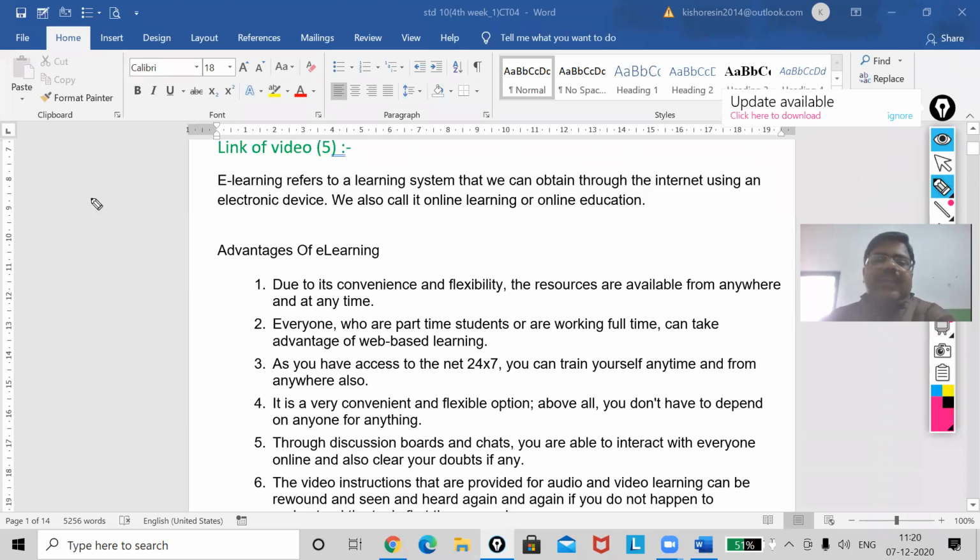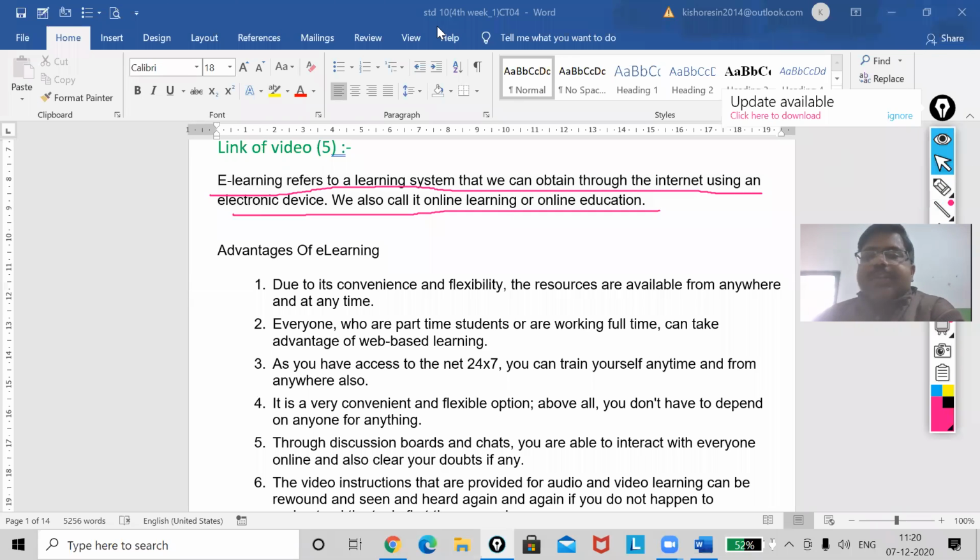Students, what is e-learning? E-learning refers to a learning system that we can obtain through the internet using an electronic device. We call it online learning or online education. See students, we all are having the e-learning facility.